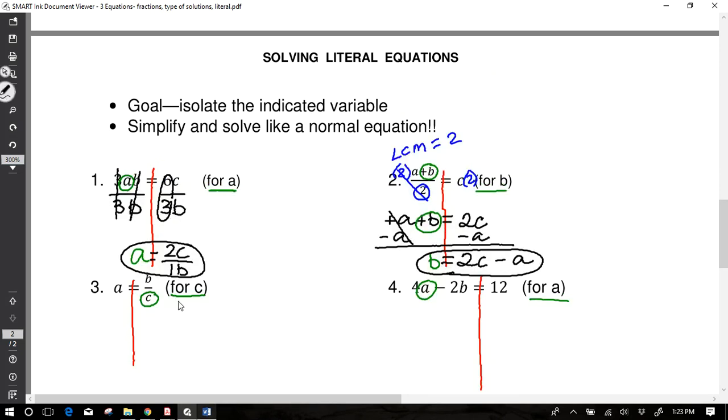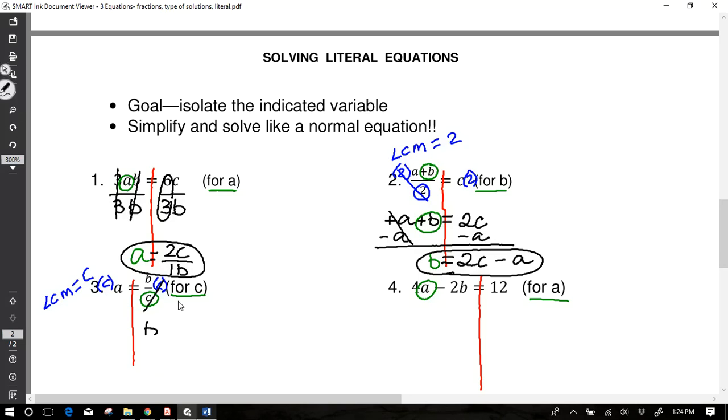Let's do number 3 together. In number 3, I need to solve for the letter C. My problem currently, though, is that I have a fraction, and so the least common multiple in my problem here to get rid of the fraction is the letter C. So what I need to do is multiply both sides of my equation by the letter C, eliminating the fractions is the first thing that I want to do.